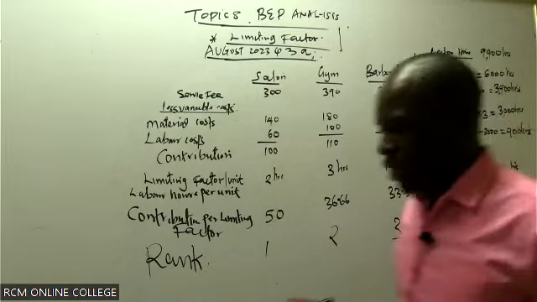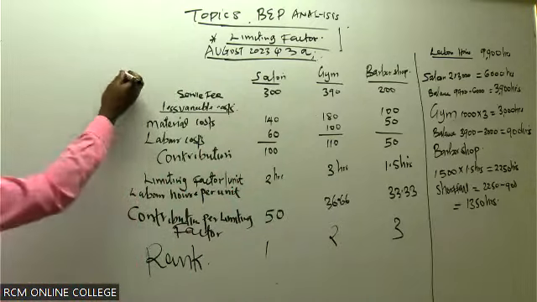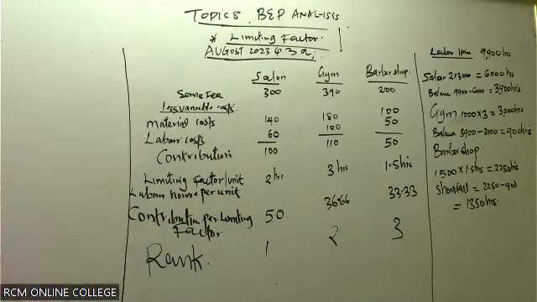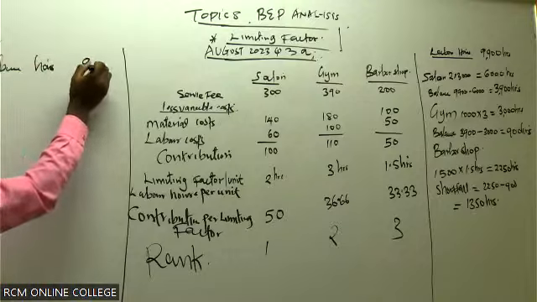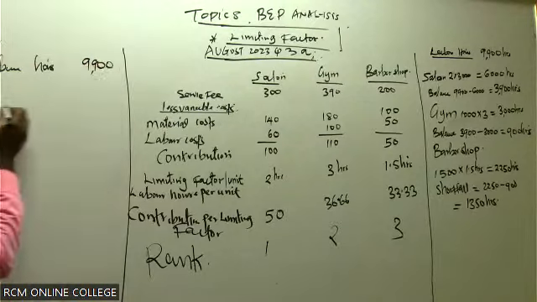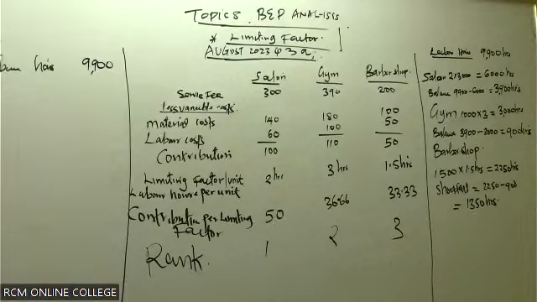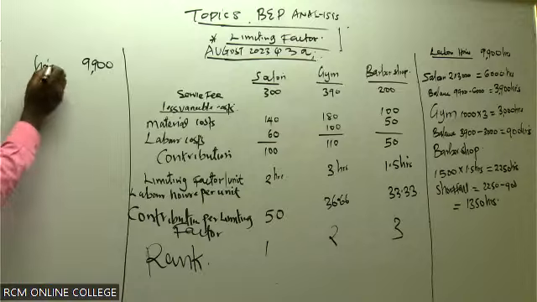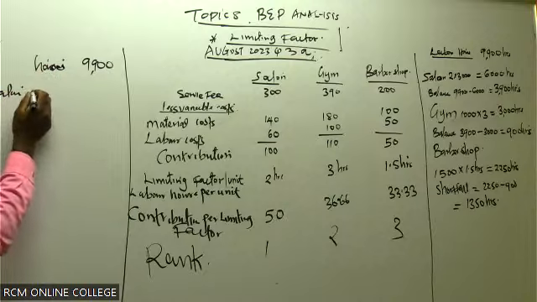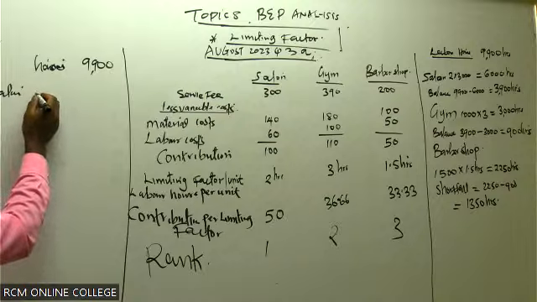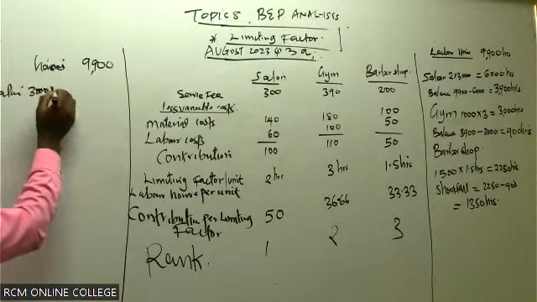Or in other words, you can also do it this way. Maybe if you don't want to go that long procedure, you'll be given that labor hours of the company are limited to 9,900. Then under salon, we have to serve 3,000 clients and each requires 2 hours.